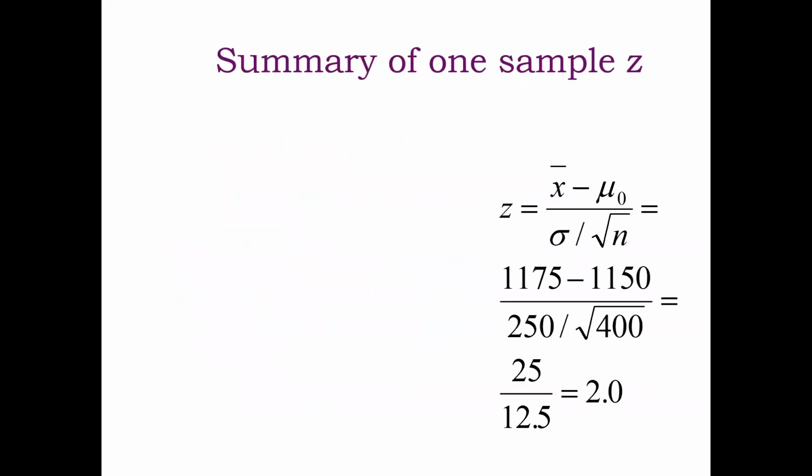So let's show the operations. You just plug it in: Z equals 1,175 minus 1,150, which gives you 25, divided by the standard deviation of the population over the square root of the sample size. We carry out the math and we get 2, which we already know is a pretty big Z-score.